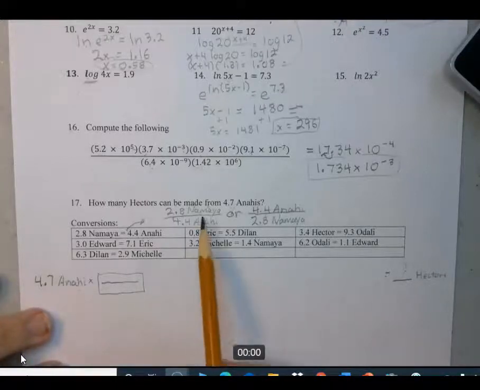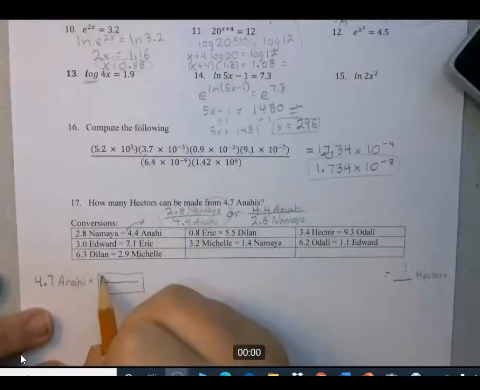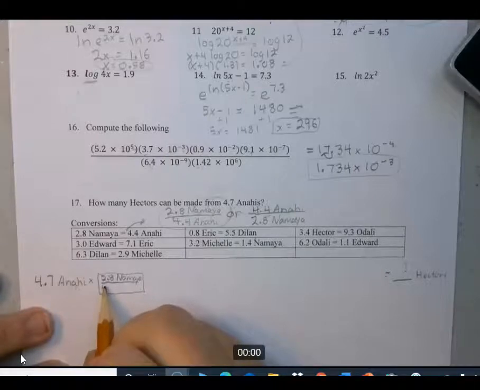So that means we got to pick one of these two for this. Which one are we going to pick? You're going to pick the one that has ani on the bottom so it will cancel out. So I've got 2.8 and I've got 4.4 ani.